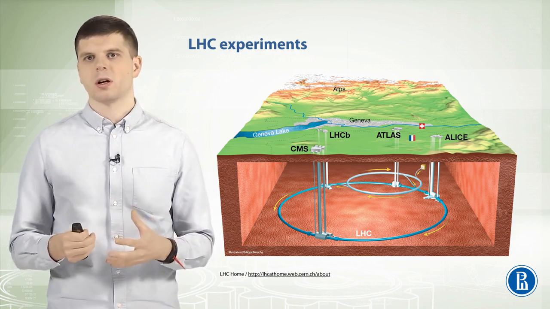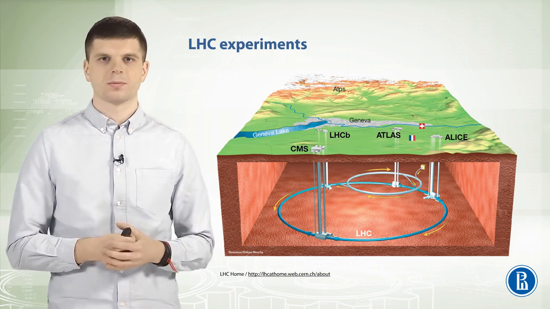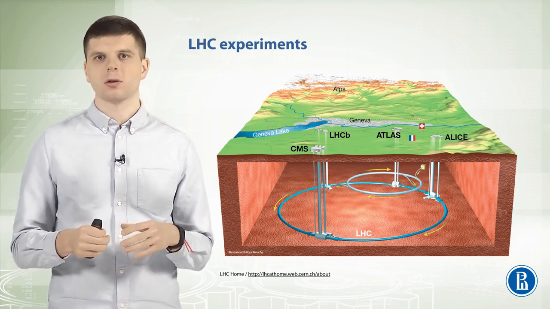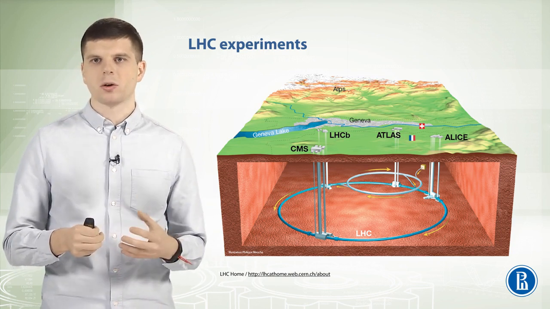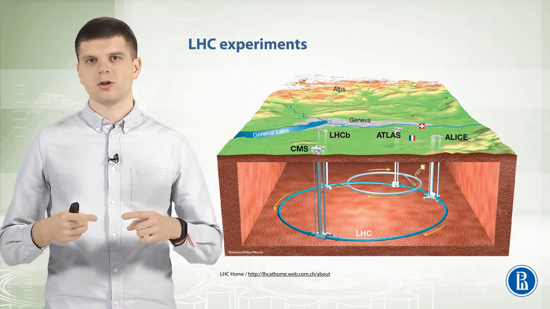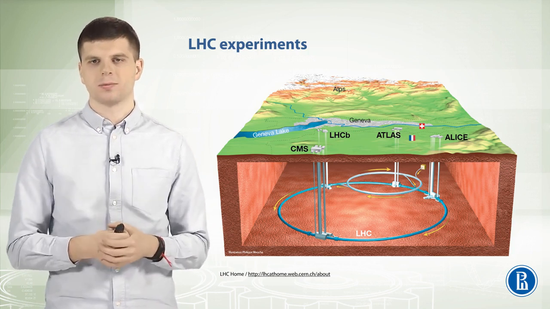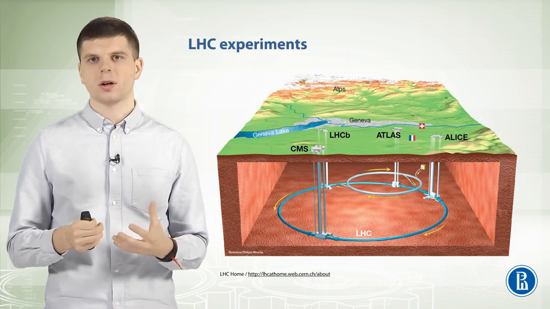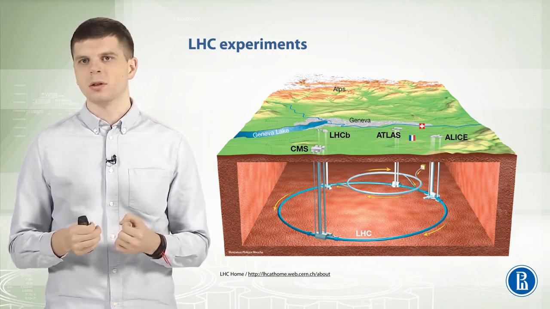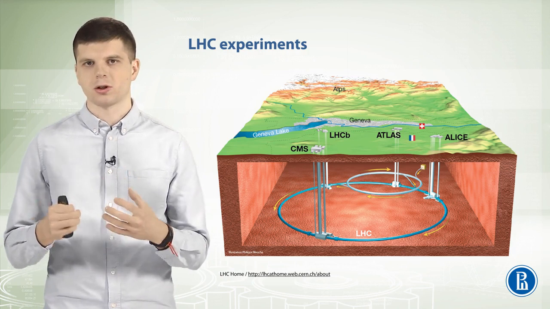Each of these beams is divided into bunches. Each bunch has about 10 to the power of 11 protons. Bunches of the beams cross each other inside the detectors. And several proton-proton collisions are generated inside the detector during the bunch crossing.